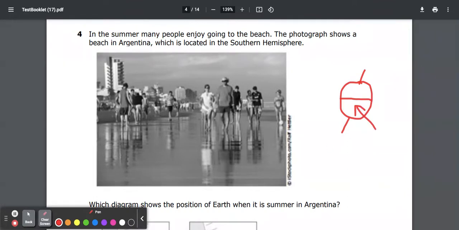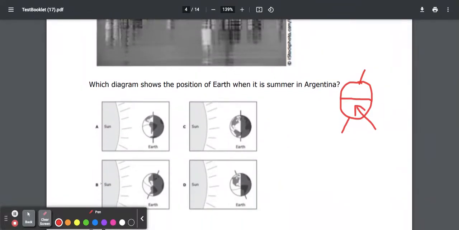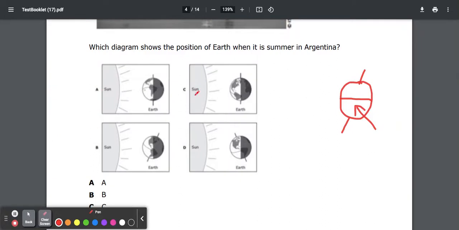It says which diagram shows the position of the Earth when it's summer in Argentina. I can cross off A and C right away because that's not even tilted. And then I have B and I have D, and it's summer on the bottom.